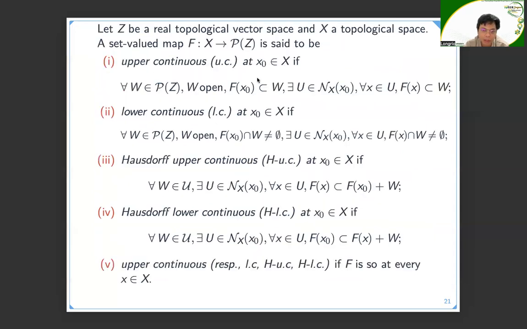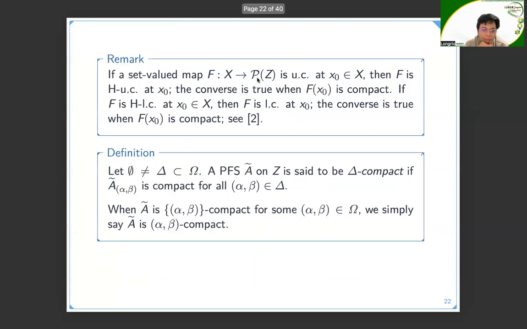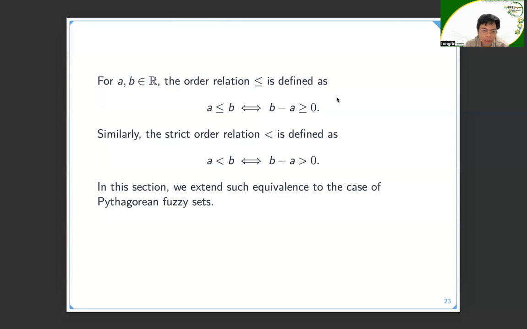These concepts are needed to obtain the succeeding results of this study. These remarks are used, and then, as an idea, for two numbers A and B, the order relation is defined as follows: A is less than or equal to B if and only if the difference is non-negative.